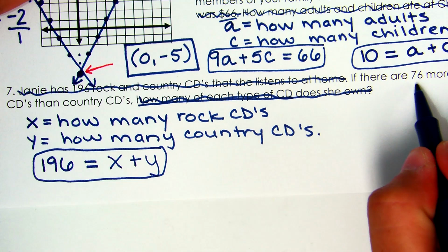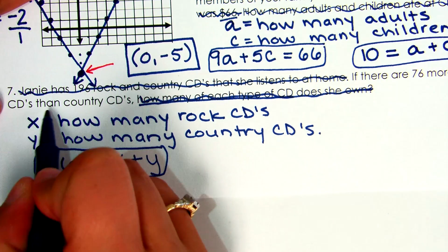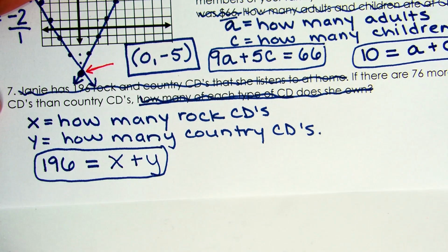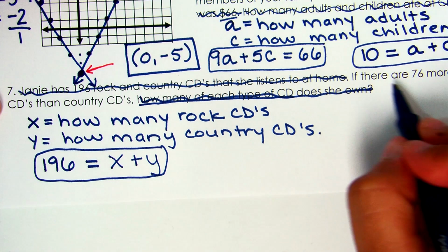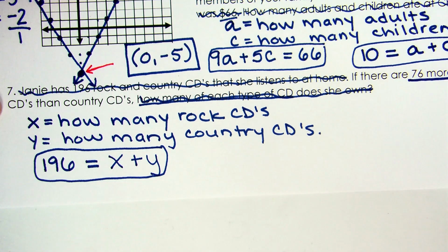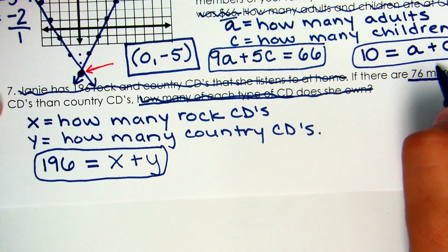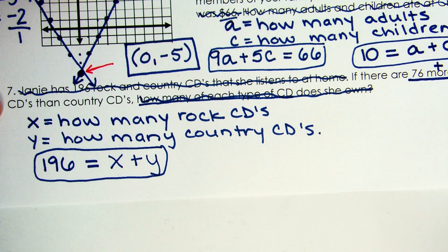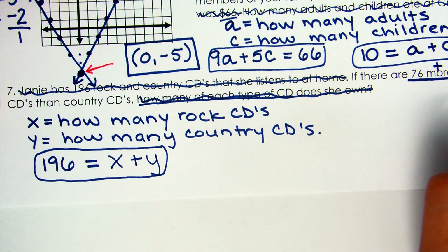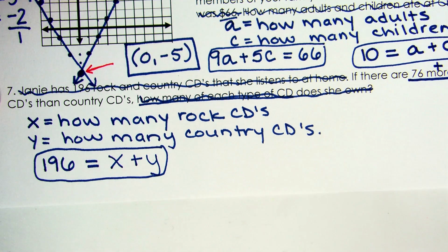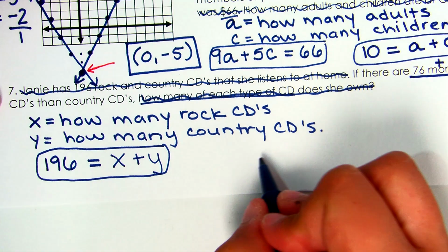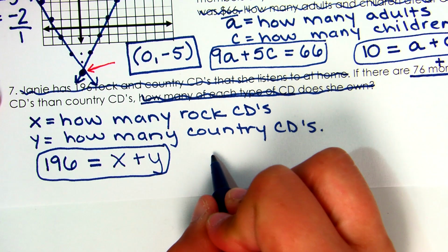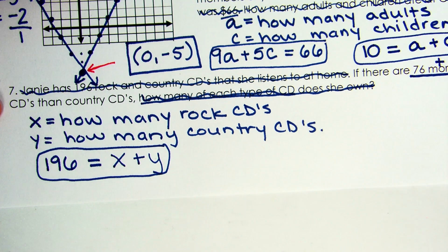If there are 76 more rock CDs than country CDs. So 76 more. More means I'm going to add, and the first thing that it talks about is what it's equal to. So we're talking about how many rock CDs she has.